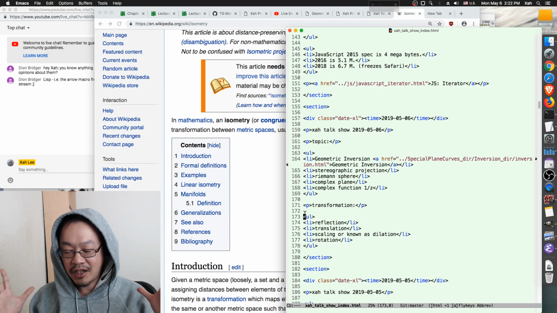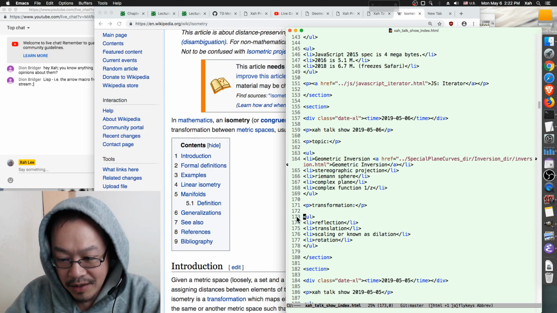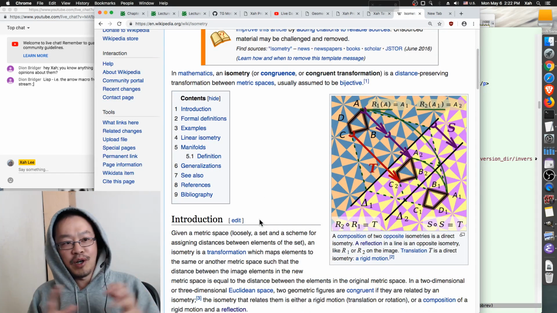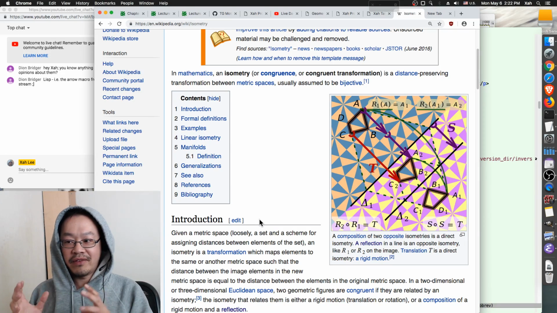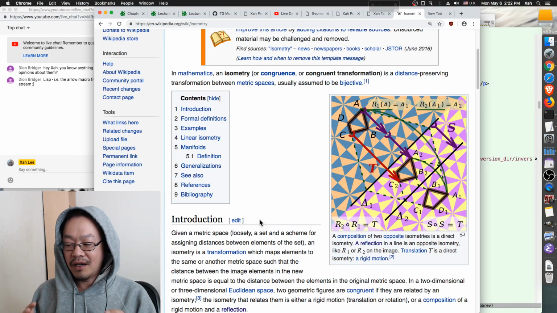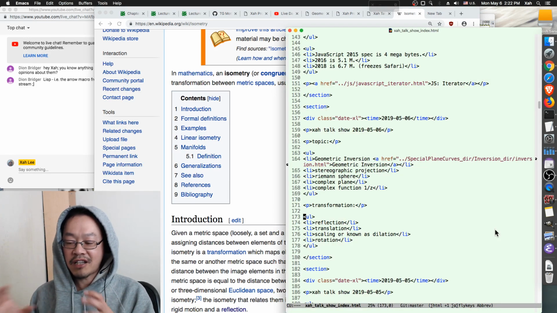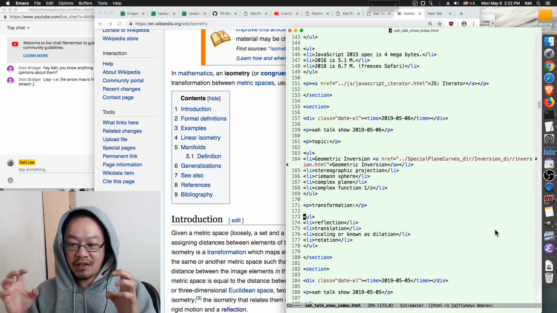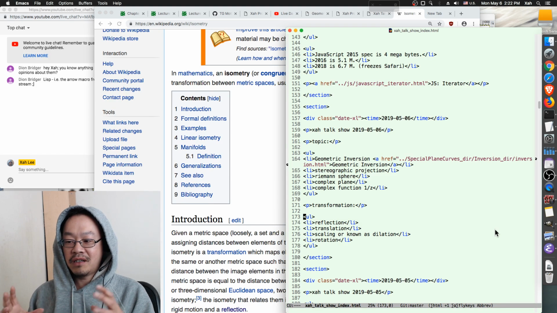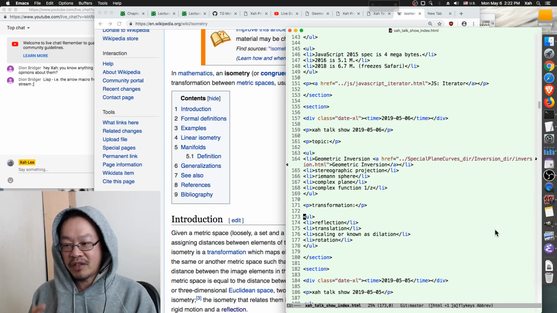So that's what distance preserving means. This is important because it is one of the properties of isometry. These four transformations are called isometry, and you have this property.